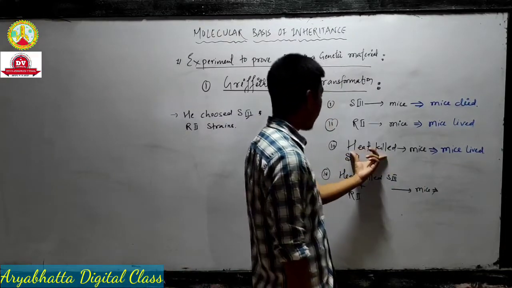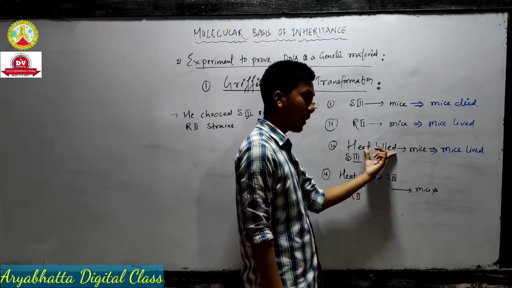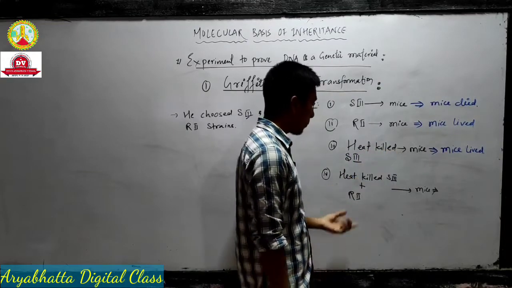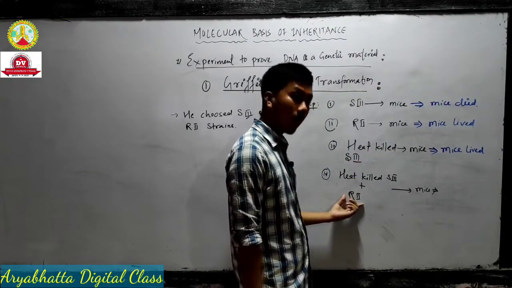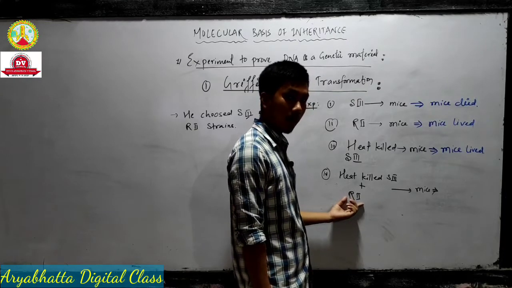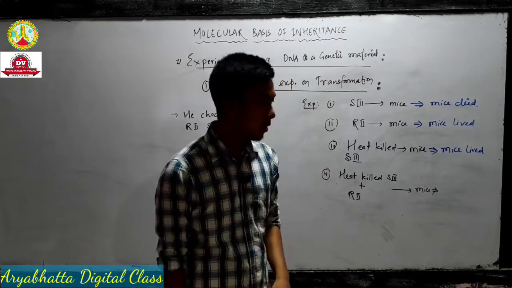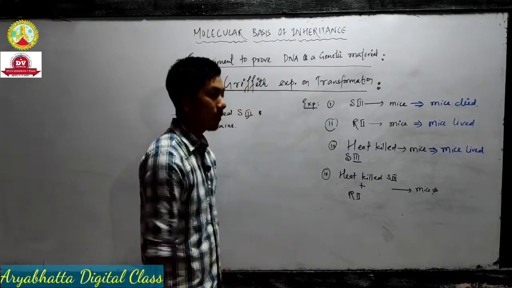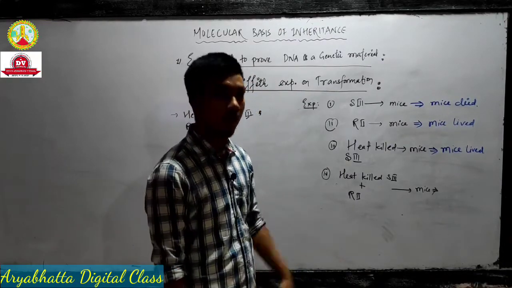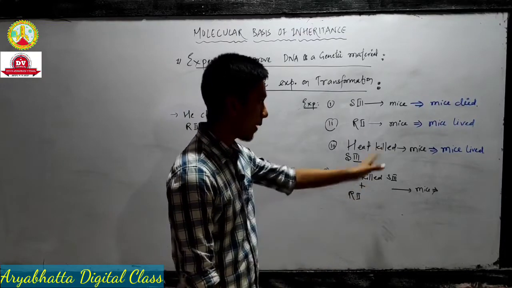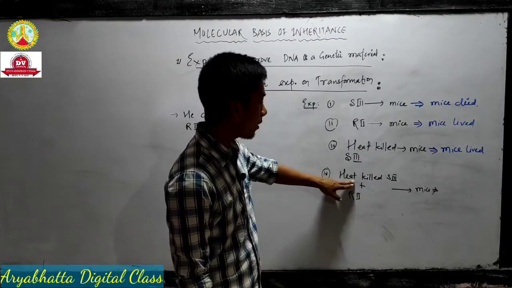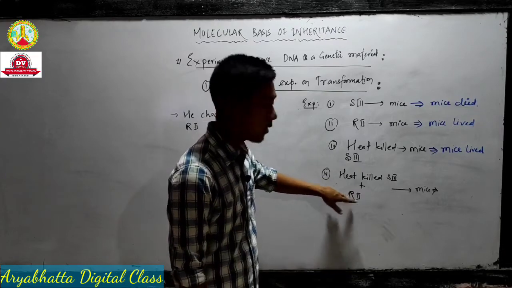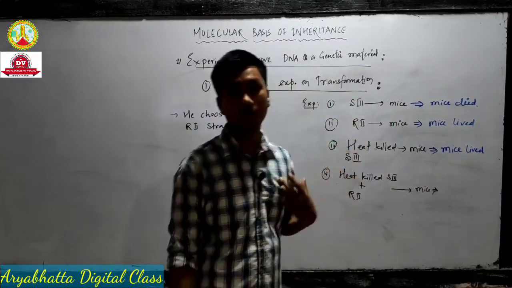When S3 was killed by heating, the mice live, and R2 is non-virulent, it does not cause any diseases. So we think that mice would have lived. Mice would survive, because this one is heat killed and this one is also non-virulent. This we can think.